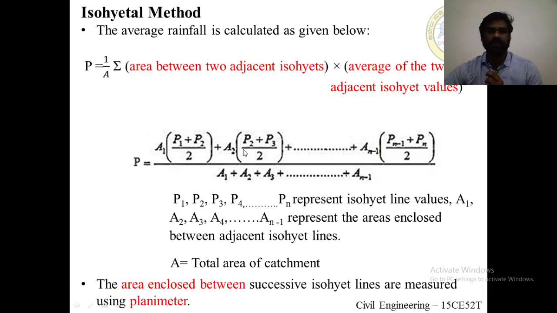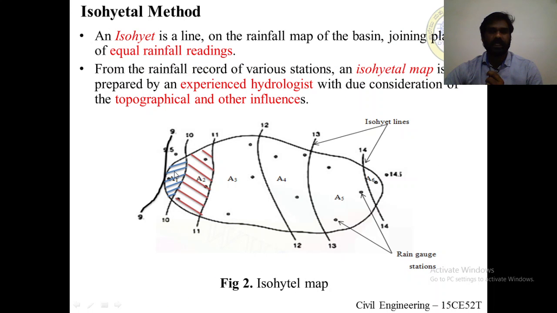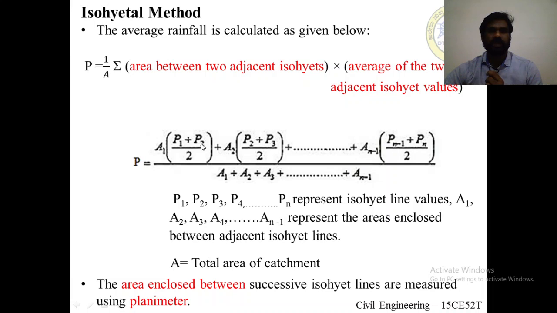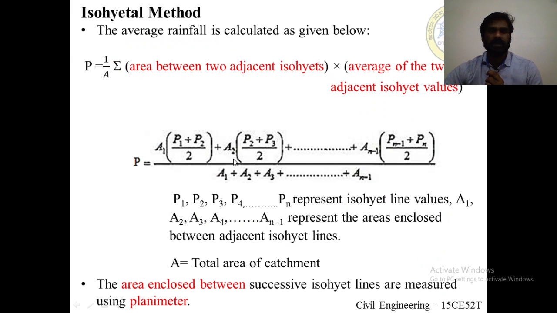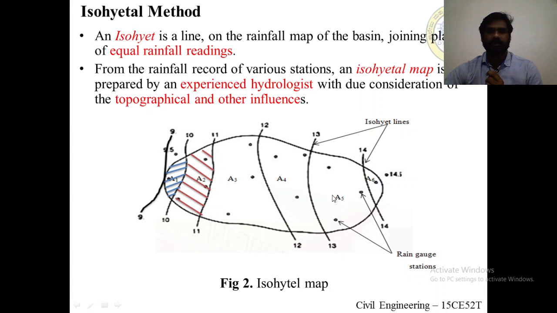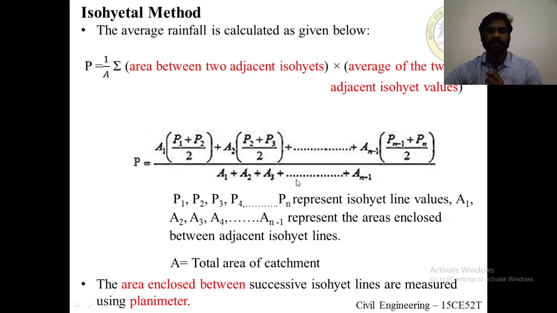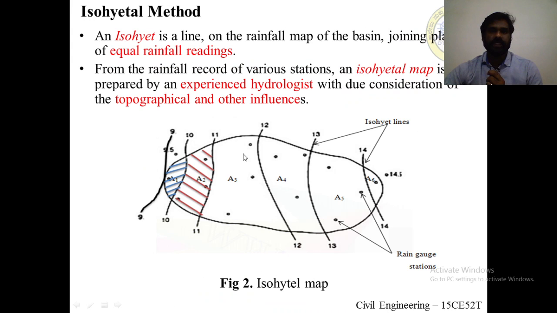You can see here also. See, A1 is the area between isohyet lines 9 and 10. So P1 and P2 will be equal to 9 and 10. Likewise, we have to measure all these areas between the isohyet lines and multiply each by the average of the two adjacent isohyet values between which the area is present.